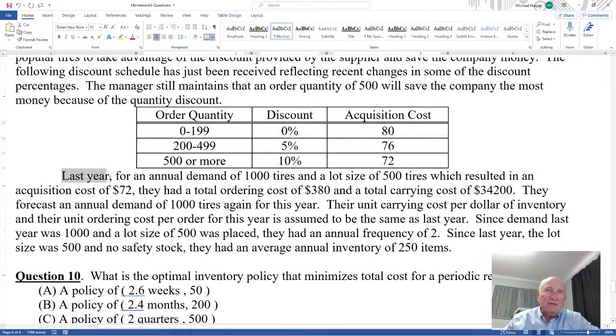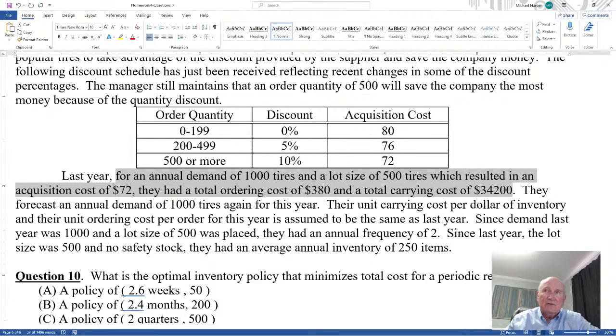Okay, well, last year, for an annual demand of 1,000 tires and a lot size of 500, which resulted in an acquisition cost of $72, they had a total ordering cost of $380 and a total carrying cost of $34,200. What this is saying is, he did it last year.